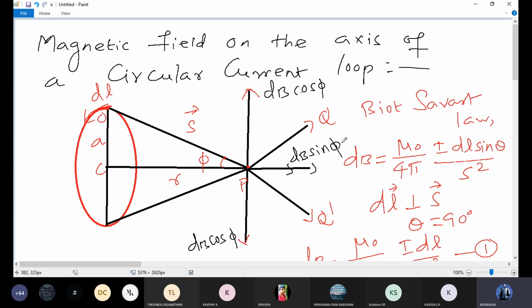So only the along-the-axis component will take place.